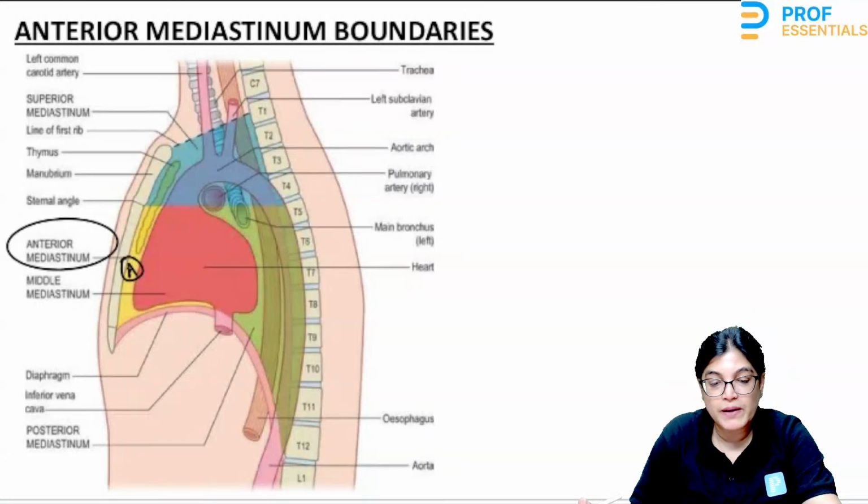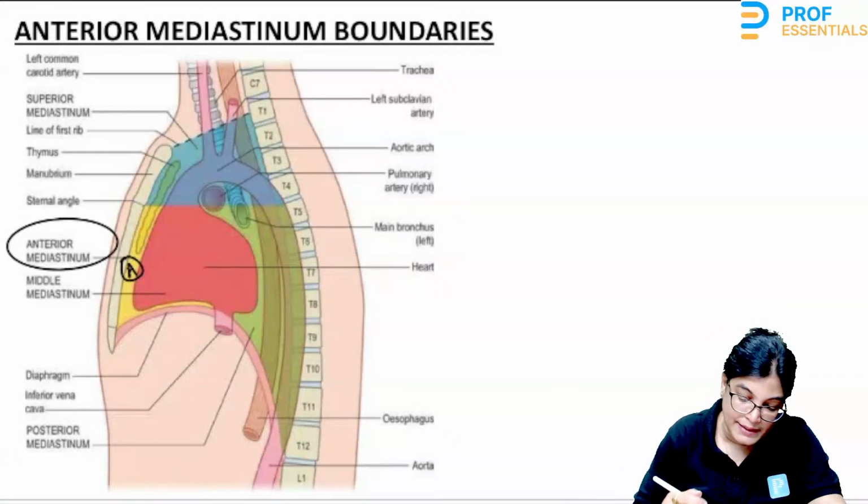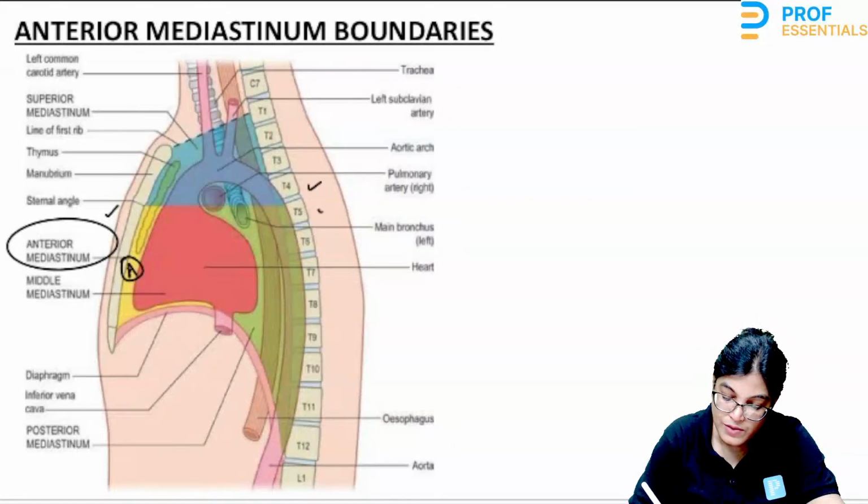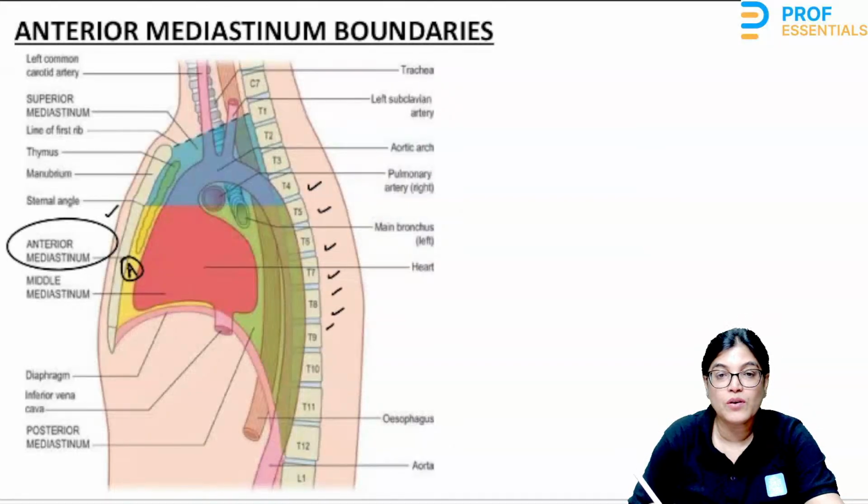Anterior mediastinum space is a narrow space, and it is continuous through the superior mediastinum with the spaces of the neck. That is important. Anteriorly we will have the body of sternum, as you can see. Posteriorly we will have the thoracic vertebra below T4, and on either side mediastinal pleura will be lying.